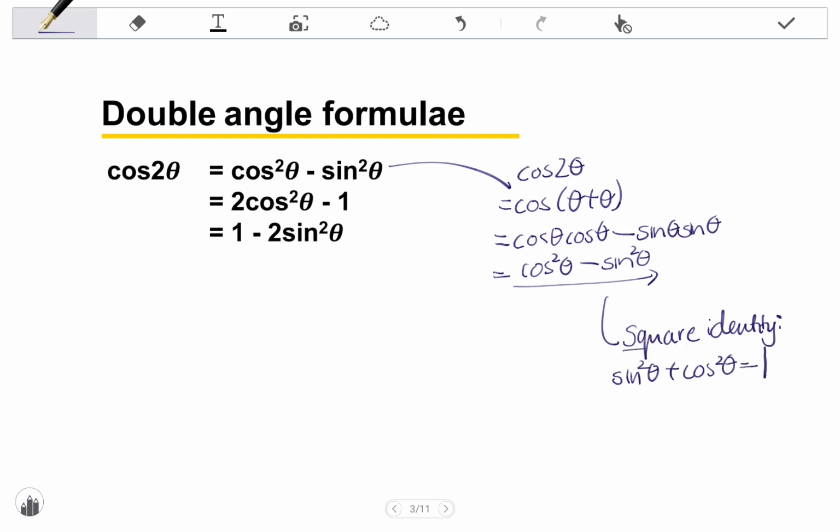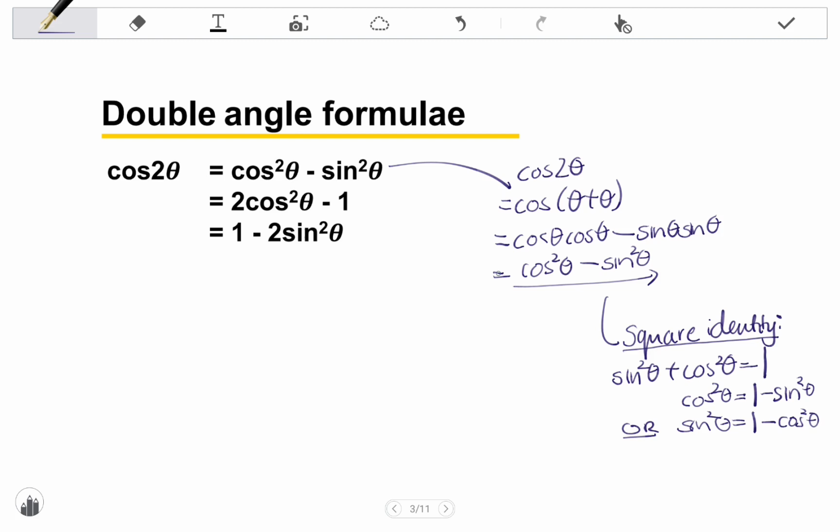If I were to solve it for cos theta squared, I would subtract sine theta squared from both sides, and I'd have that cos theta squared is equal to 1 minus sine theta all squared. If I wanted to solve it for sine theta squared, I would subtract the cos theta squared from both sides, and I'd get that sine theta all squared is equal to 1 minus cos theta all squared.